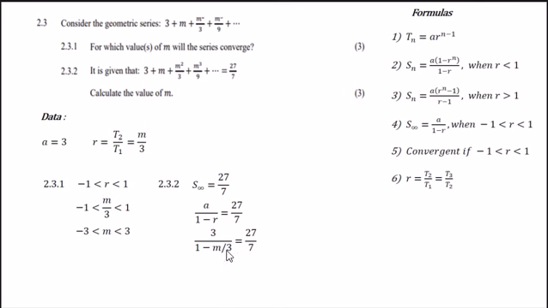Then 27 multiplied by 1 is 27, and 27 multiplied by m over 3 becomes 9m. Then we make m the subject of the formula. We take m to the other side and 21 to the other side, changing the signs. Then we divide both sides by 9. After dividing both sides by 9, we get 2 over 3. So the value of m is 2 over 3.